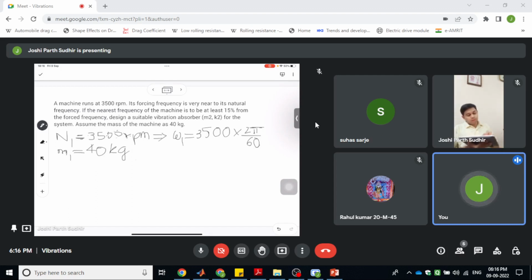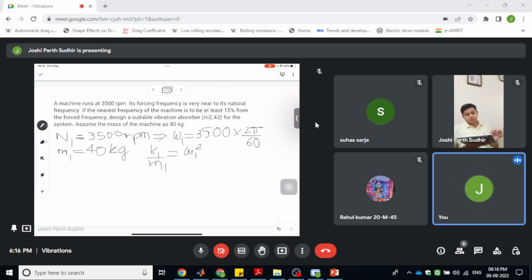We can also find the stiffness of the system by using the fact that K1 by M1 is omega 1 square. By that we can estimate the stiffness of the machine.